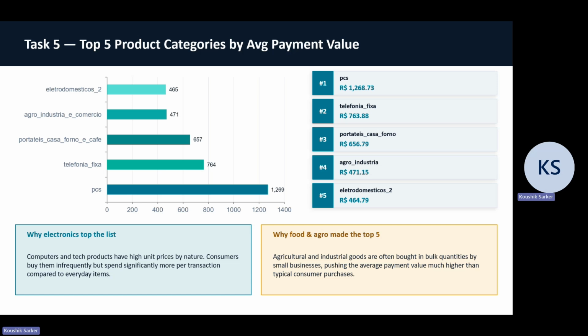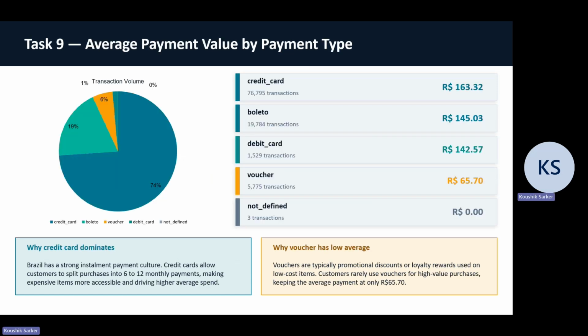I also ran task 9, which analyzed payment types. Credit card was overwhelmingly dominant with 76,795 transactions and an average payment value of $163.